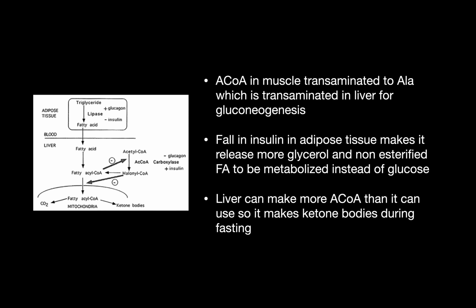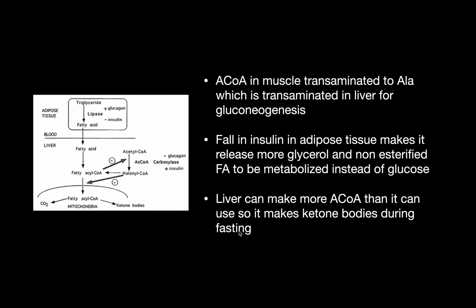And a fall in insulin in the adipose tissue makes it release more glycerol and non-esterified fatty acids, which will be metabolized instead of glucose. This is kind of what us Americans are aiming for. We want to metabolize the fatty acids instead of glucose, and this will lead to weight loss. So the liver is a nice guy. Liver can make more acetyl-coenzyme A than it can use, so it will make the ketone bodies during fasting, and that will go everywhere.